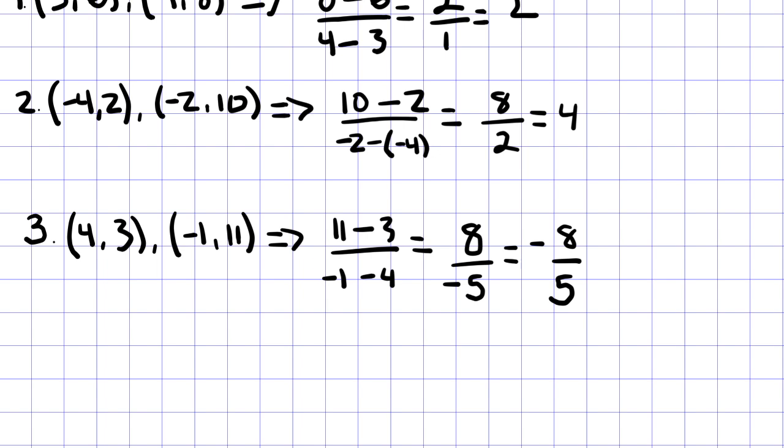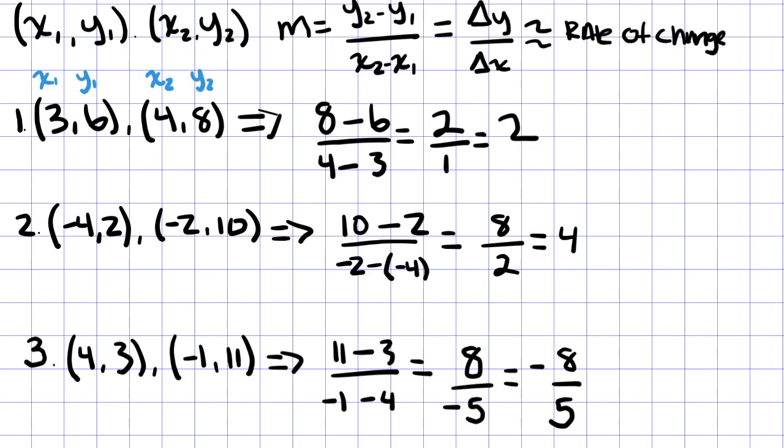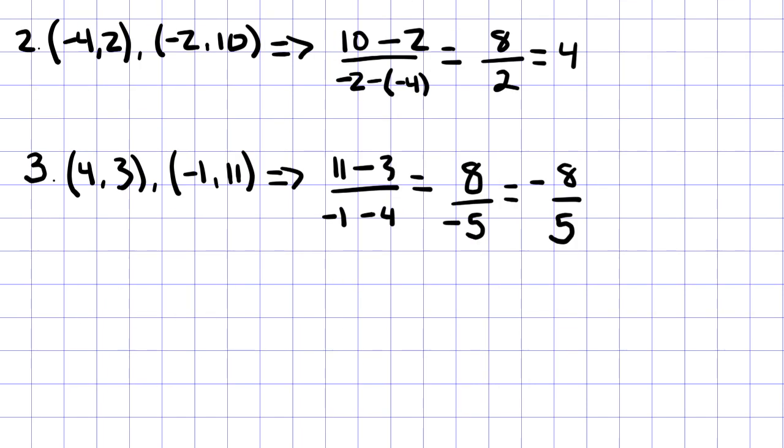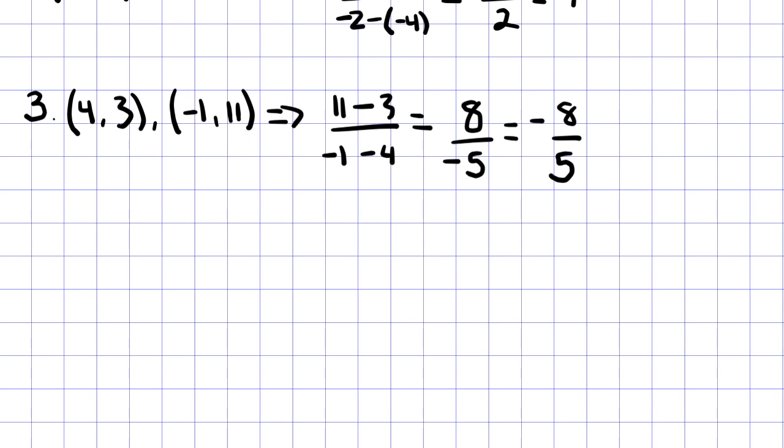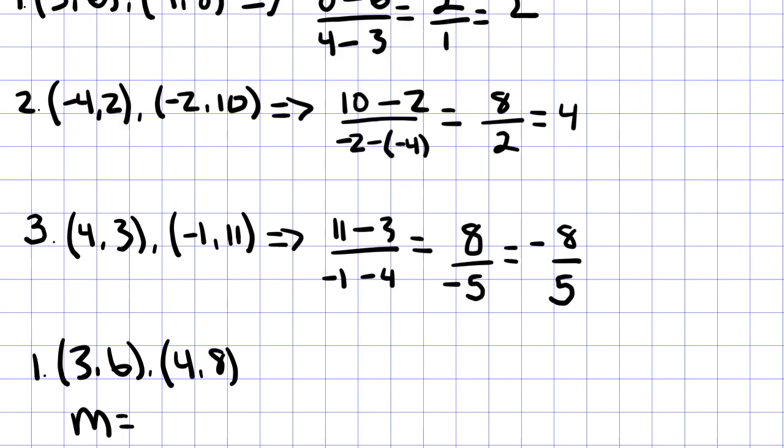Cool. Now that we found our slopes, let's start graphing these and finding the equations of the line. Let's start off with number 1. Going back to number 1, our points were 3, 6 and 4, 8, and our slope was, I believe, 2.